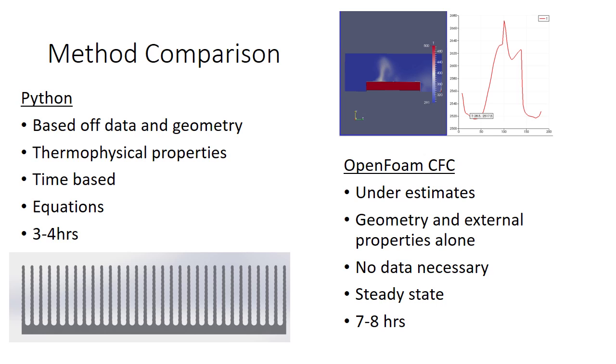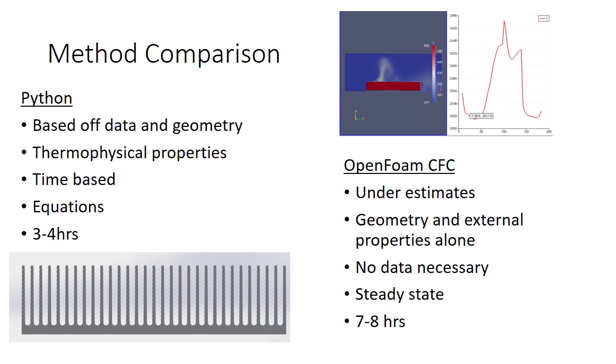For Python, experimental data, the geometry of the fin, and the thermophysical properties of the air at the local pressure are of high importance. As the data was time-based, the average was found by averaging all the h values for the experiment. In all, it took about 3 to 4 hours to come up with the coding using the equations and the data.